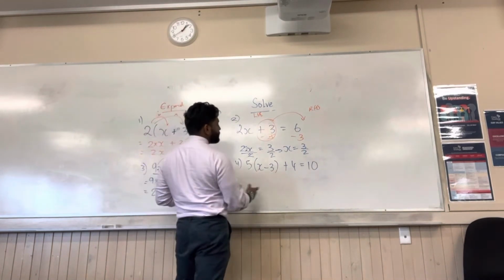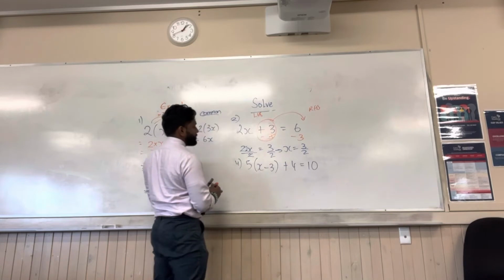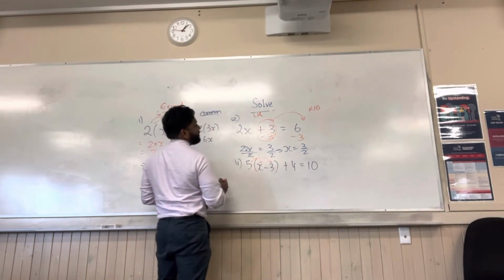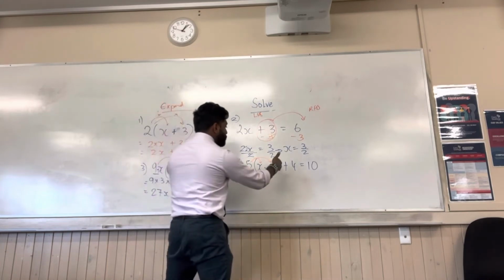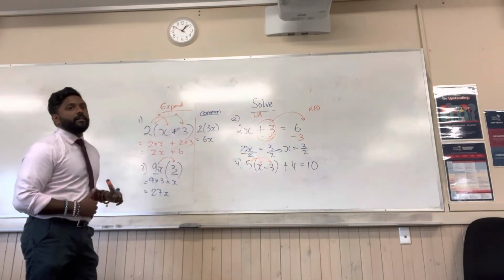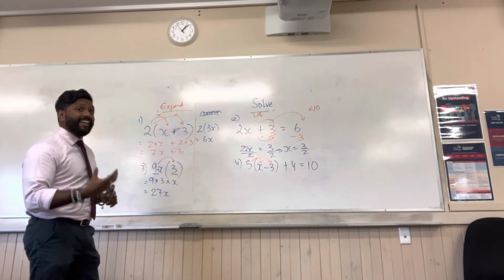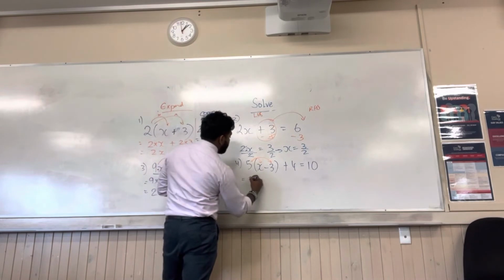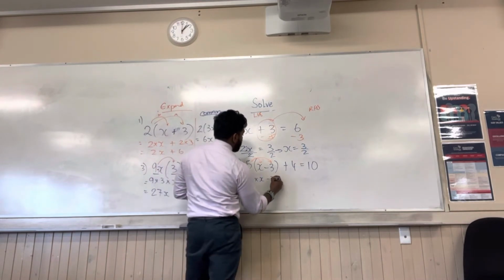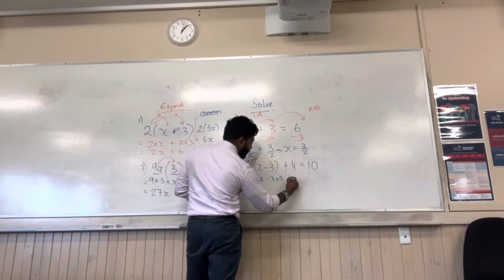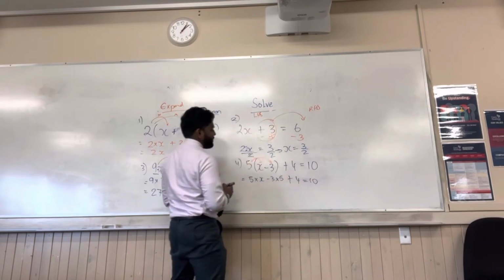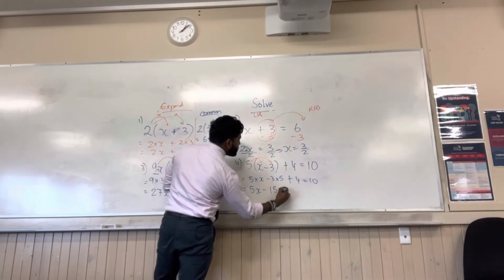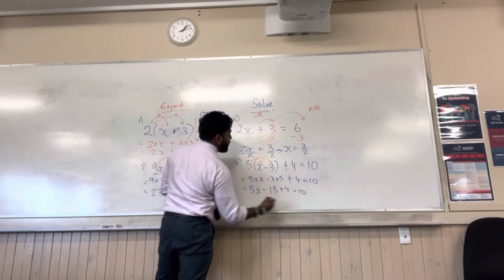This question, how do you solve this? What can you do first? Draw arrows. Now, you're going to do what? What is this process called? Timesing. It starts with the letter E. Expand. Right, so you're going to have 5 times x minus 3 times 5 plus 4 equals 10. Now you're left with what? 5x minus 15 plus 4 equals 10.